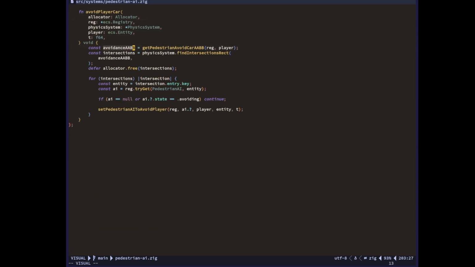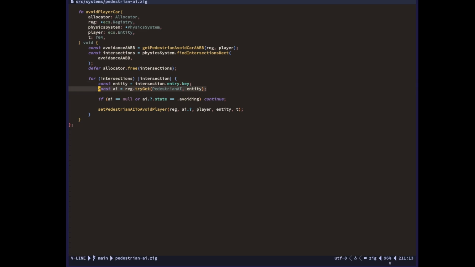So we get the rectangle, which all pedestrians that collide with it will move away from the car. We have to find all the intersections of that rectangle, and then we defer a 3 on that array because we need to. Then we loop through all the intersections and we get the entity here, and we also get the pedestrian AI.